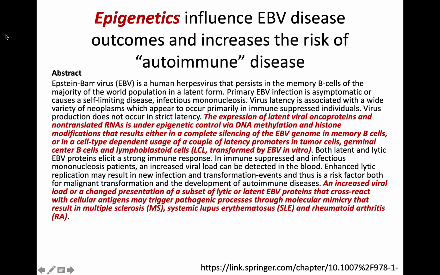So what they have found is this Epstein-Barr virus in the latent stage within the B cells may cause a modification or may affect the expression of certain genes within that B cell, that human host memory B cell.